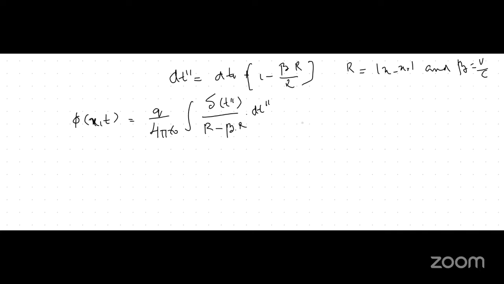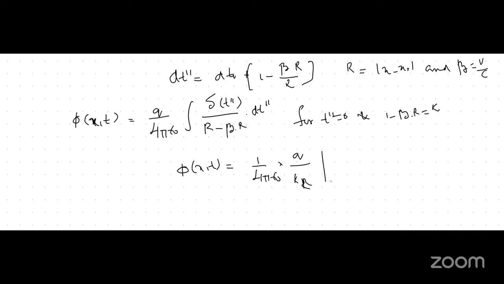So if you take the specific value, that is nothing but t double dash equal to 0, and another one, 1 minus beta dot r equal to k, we get phi of x comma t as 1 by 4 pi epsilon naught into q by kr, which is a retarded potential.